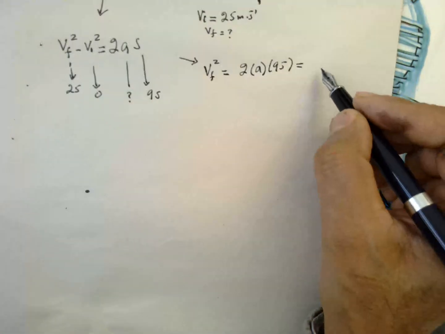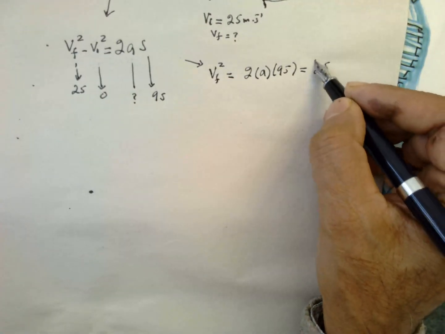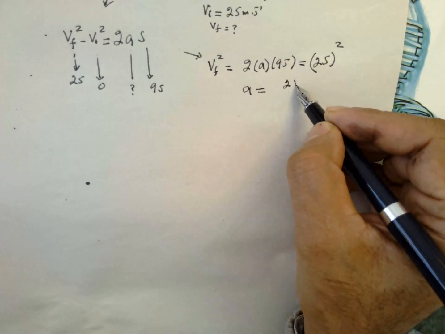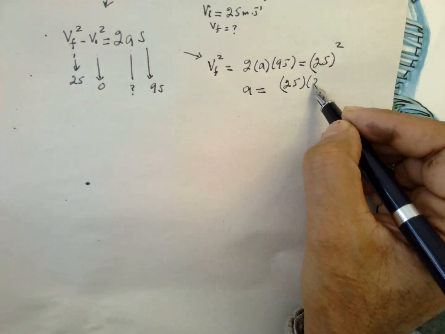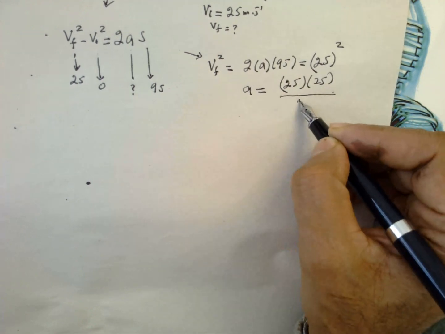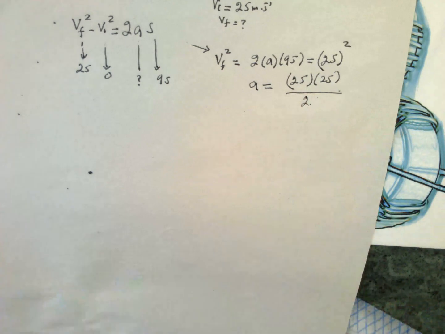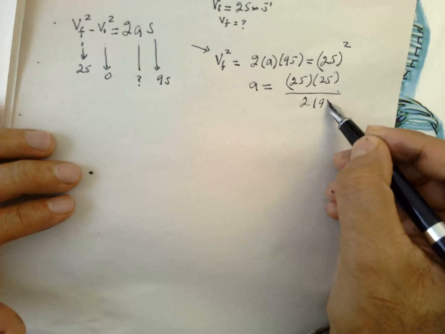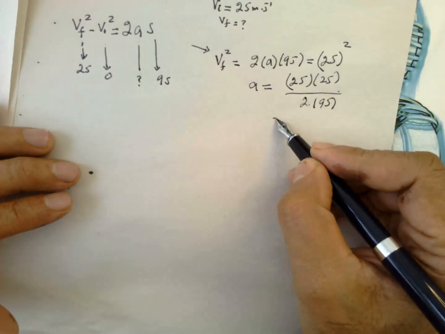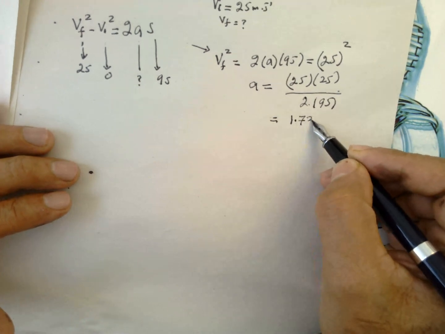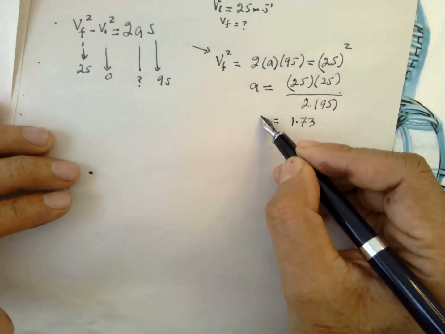So A is equal to 25 times 25 divided by 2 into 95, which is equal to 3.29.